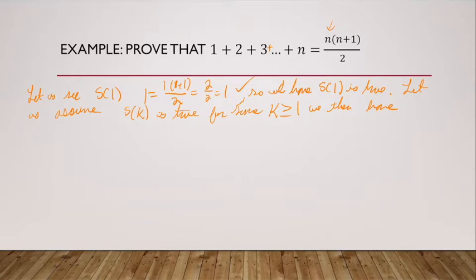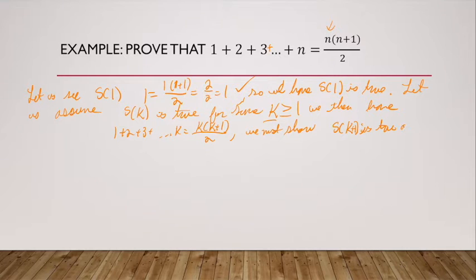We then have 1 plus 2 plus 3 plus ... plus k equals k times k plus 1 over 2. We must show S of k plus 1 is true.